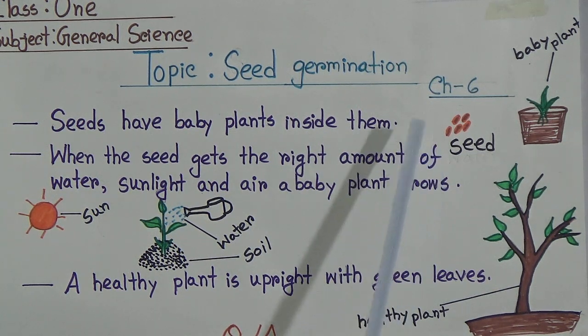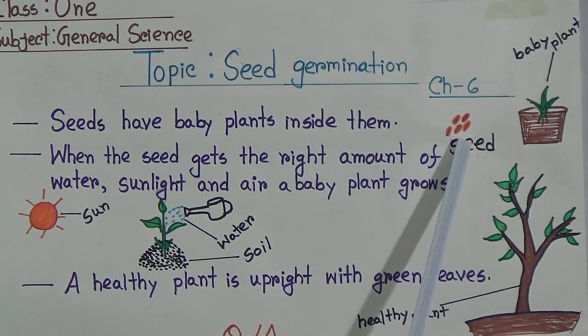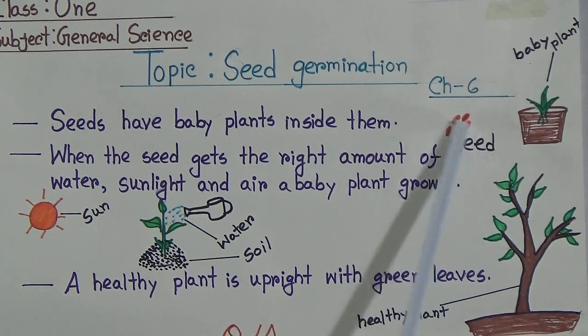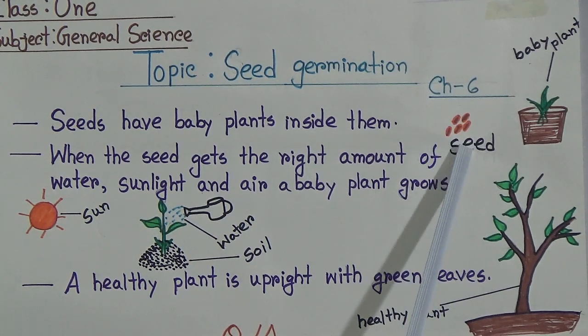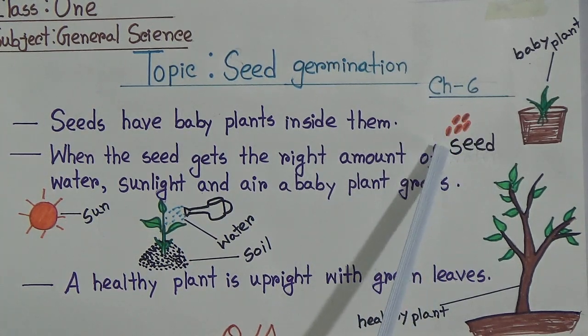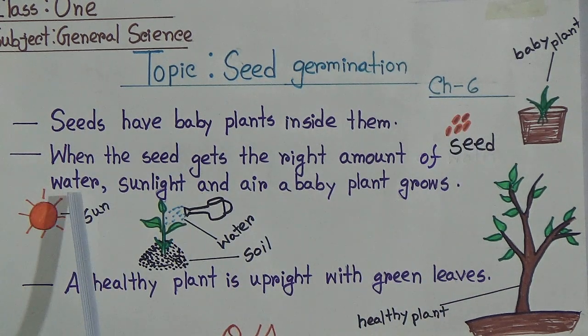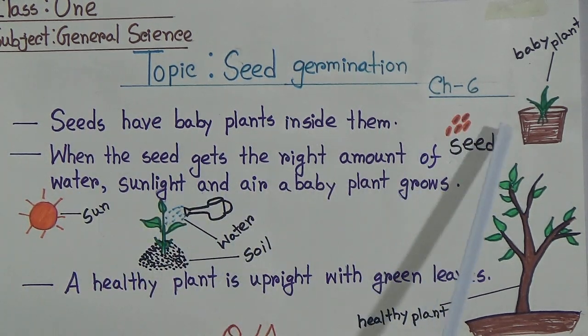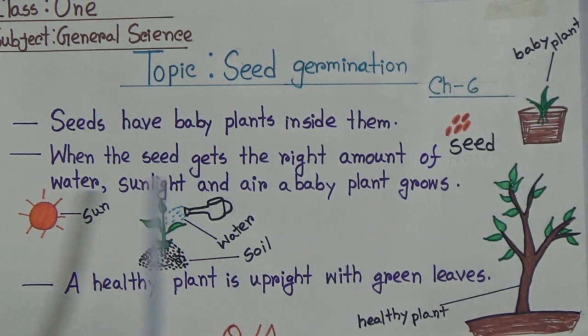That means if you throw the seed in the soil, you have to also provide the right amount of water, sunlight and air for the germination. Look, I have drawn a picture here.